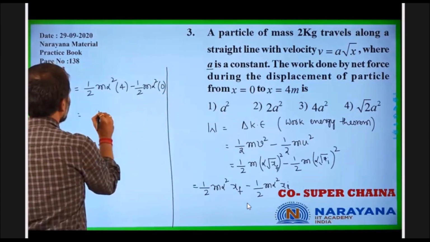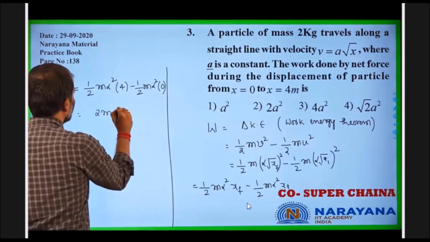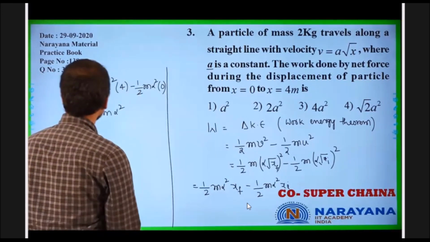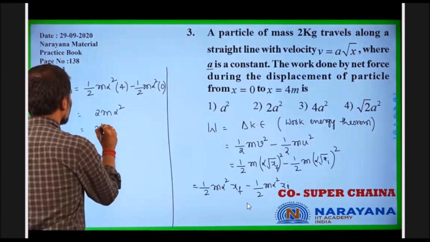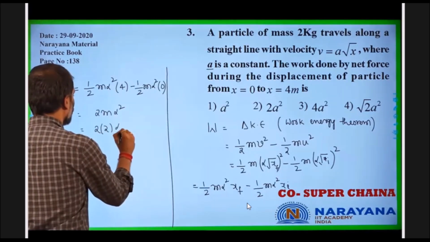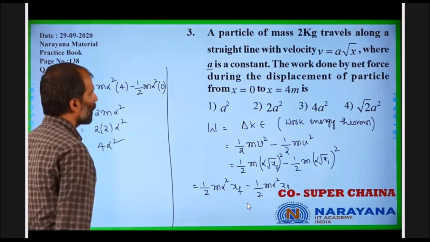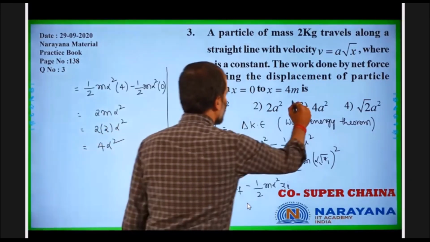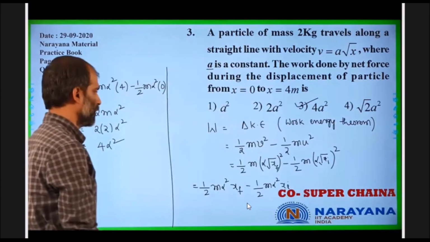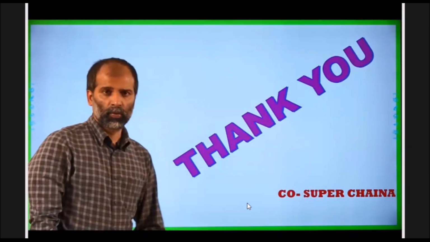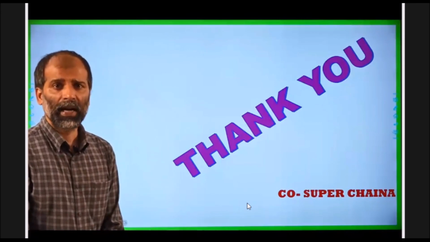So which is now equal to 2m alpha square. Mass of the block is 2 kg, so it is 2 into 2 into alpha square, which is equal to 4 alpha square, which is matching with our third option. Right? Hope it is all clear to you, and thank you all.